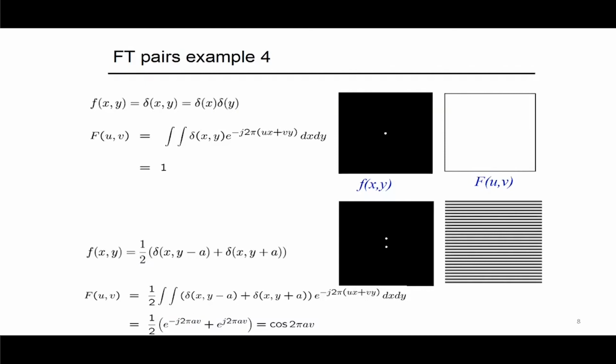Another example, you have now a delta function. This is delta of x comma y, and you would be getting 1. Now here you are considering a pair of impulses at plus a and minus a. Then what you would be getting there is a cosine function.